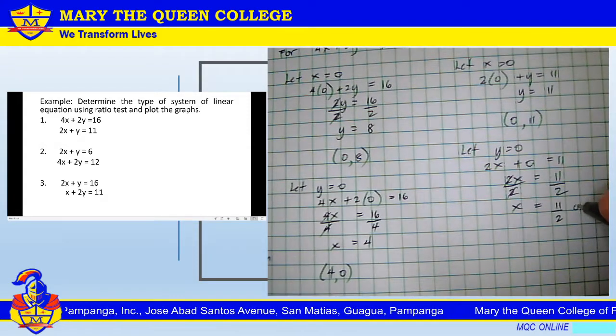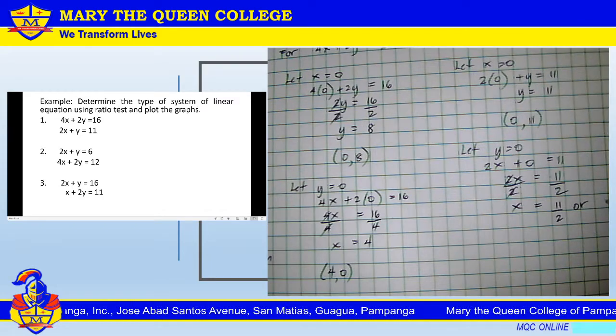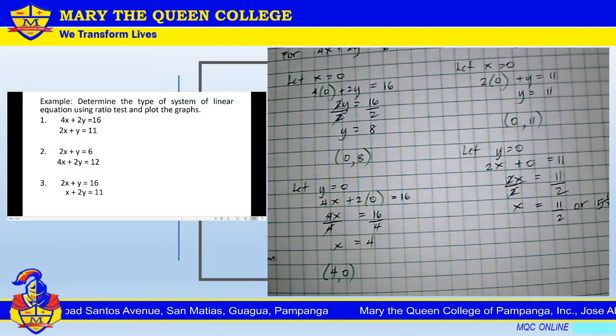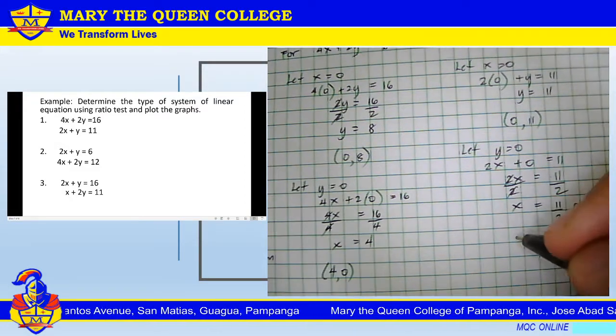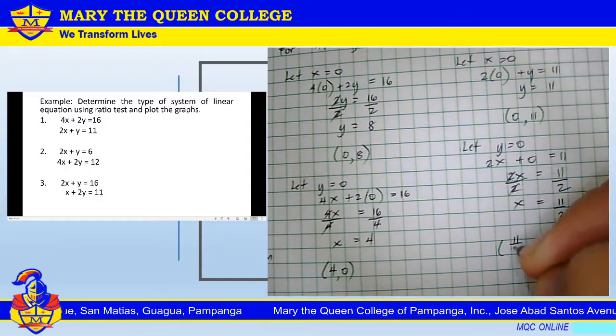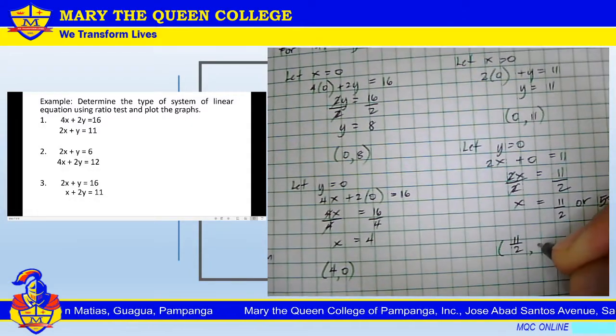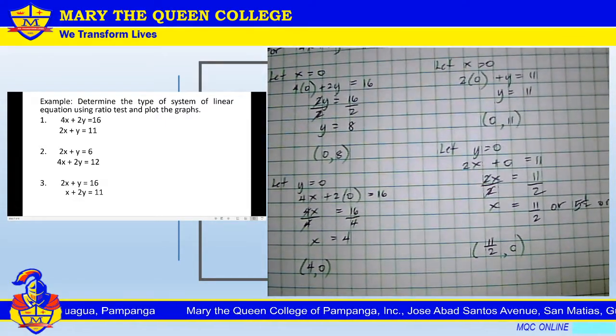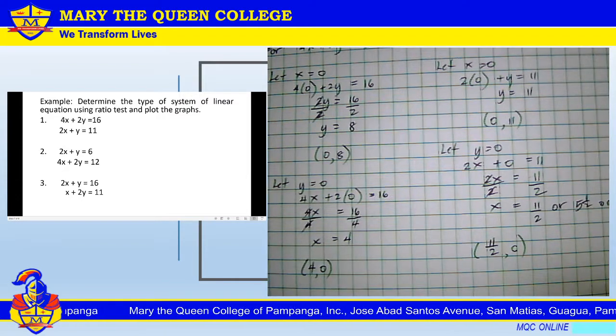Or we can convert this as 5 and 1 half, or simply 5.5. So our ordered pair now would be 11 over 2 and 0. Okay? So these are the set of points that we have.